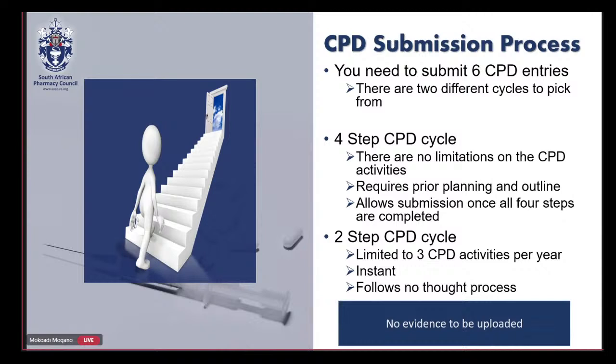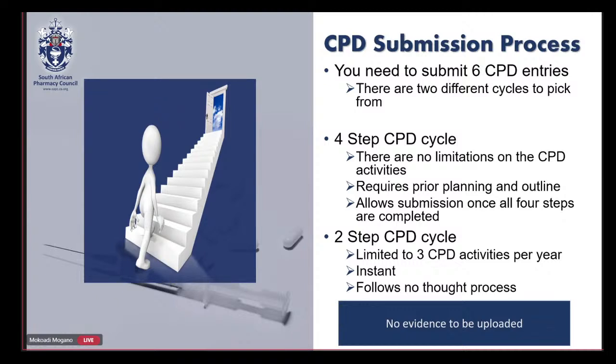So hence we have implemented the 2-step CPD cycle to say, when you are in the workplace and there's a training, maybe offered by the employer, and it was not initiated by you per se, and you learn something from it, you may still come onto the CPD system and record it. So in the 2-step CPD cycle, you'll only capture the implementation and also evaluation of what you've learned, right?